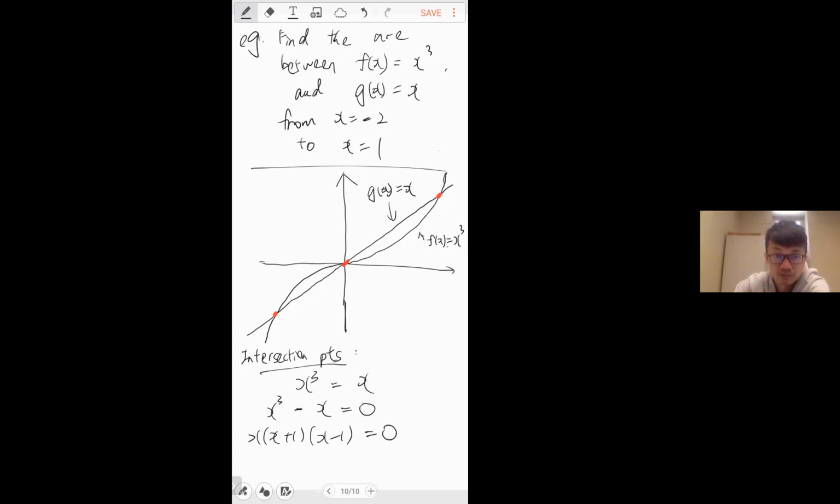Is it okay? Questions? Right. And so I have x equals 0, x equals -1, and x equals 1. This is -1, this is 0, and this is 1.